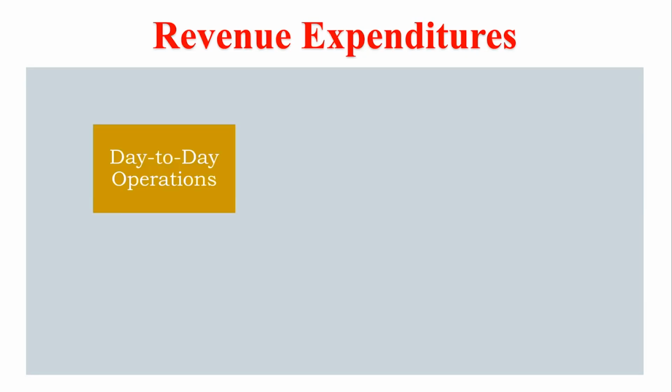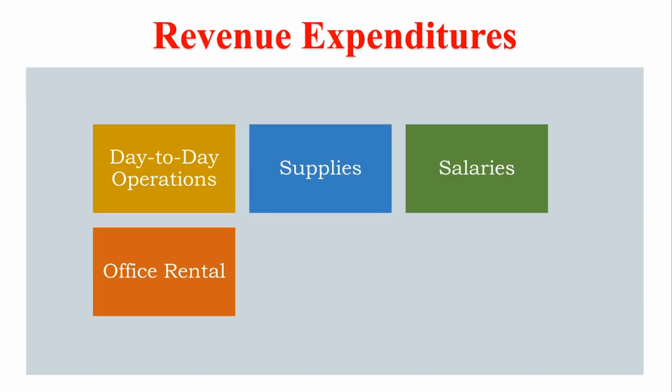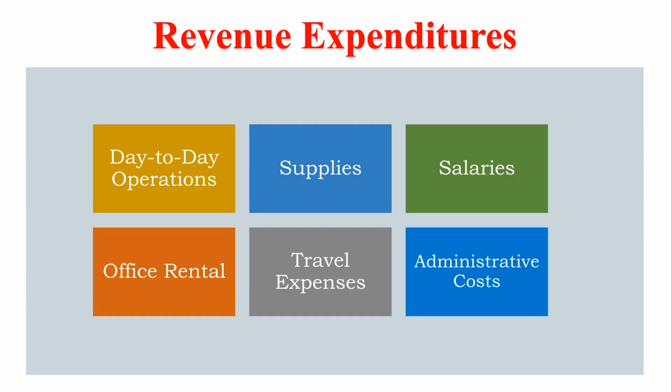In addition to limitations on eligible projects, there are also limitations on the expenditure of hotel tax revenues. The allowed expenses include day-to-day operations, supplies, salaries, office space rental, travel related to promoting tourism, and administrative and other necessary expenditures.